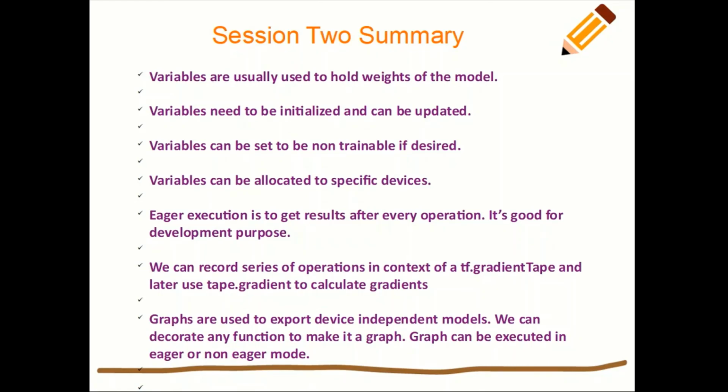And we can change their value by calling tf.Variable.assign. Then variables can be set to be non-trainable. So in a case of transfer learning, we can set certain layers or certain variables to be non-trainable. And then variables can be allocated to specific devices. So we have the choice of executing certain variables on certain devices. If we don't do that, then TensorFlow is going to take care of it.